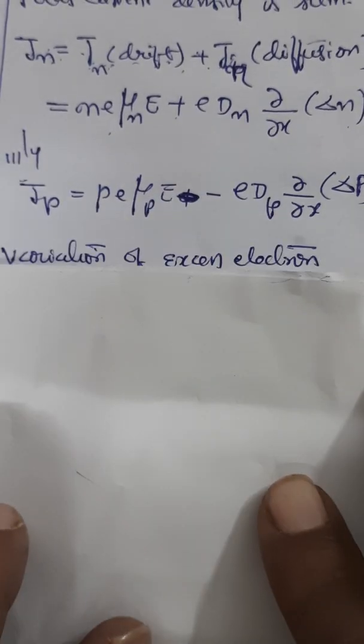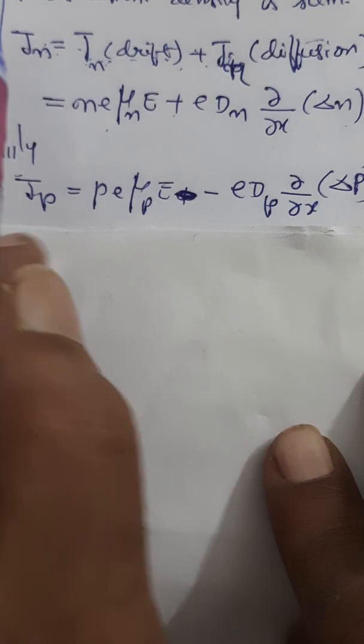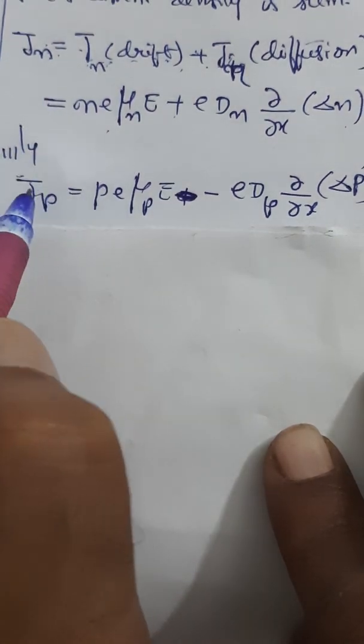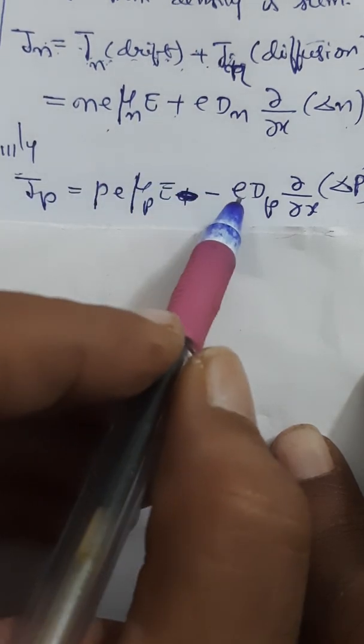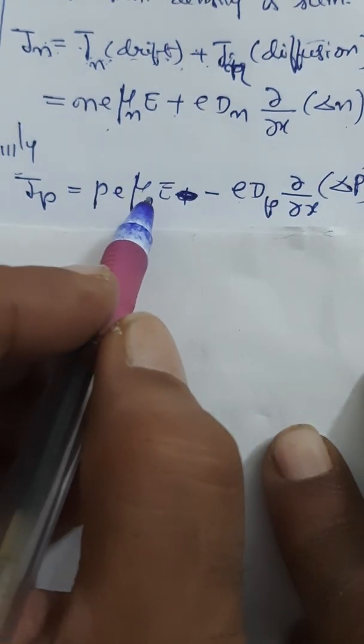Similarly, if you want to find the current density due to holes, it is the sum of current density due to diffusion of holes and current density due to drift of holes. Of course, the minus has come because of the minus value there. So wherever you have n, you will get p. Simple as that.